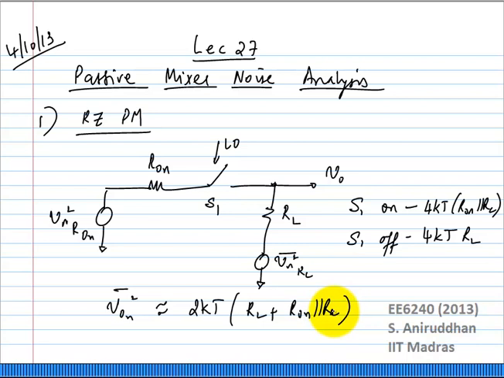And what is the conversion gain of this mixer? 1 over pi. We have already seen that. So the input referred noise is 2 pi squared kT into RL plus R on parallel RL.